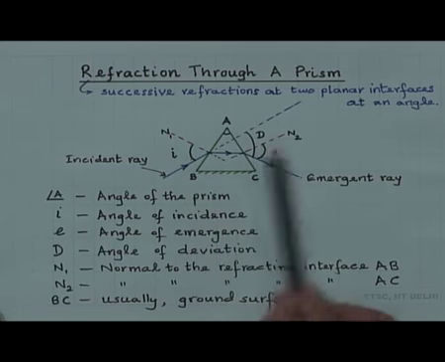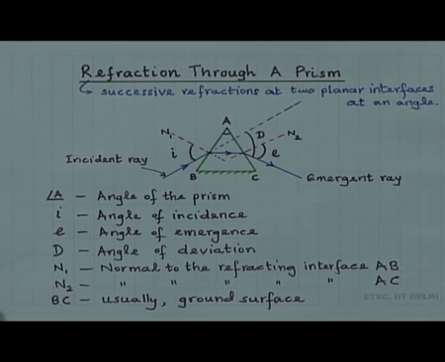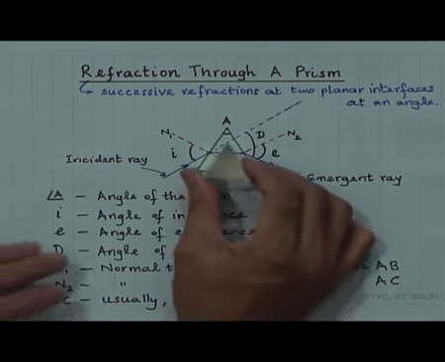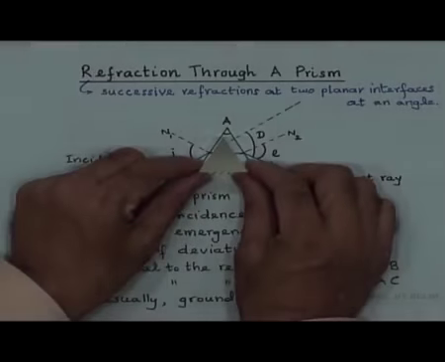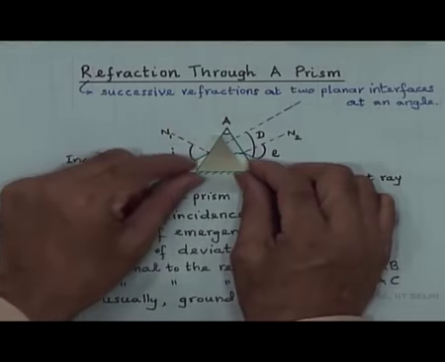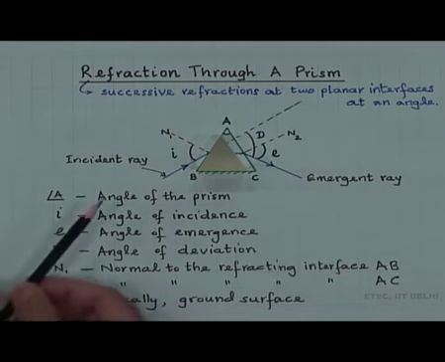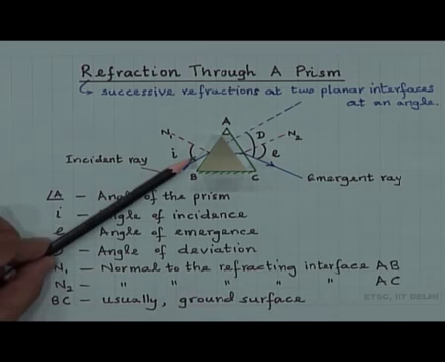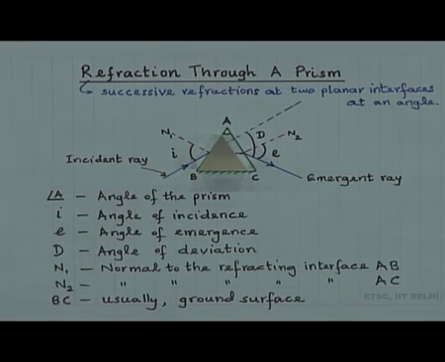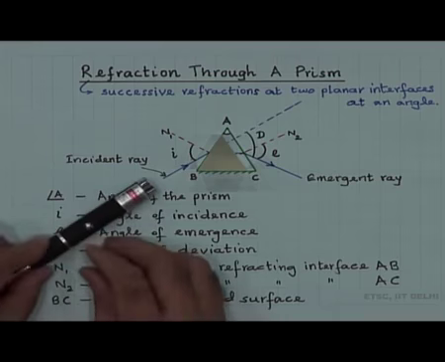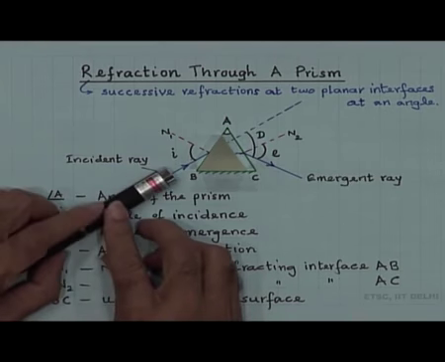Before I proceed, let me briefly recall what I had shown. What I am showing is the prism, and what we have seen is the top view of the prism, and the ray of light is coming from here. Let me show you a laser beam incident along the direction of the ray.